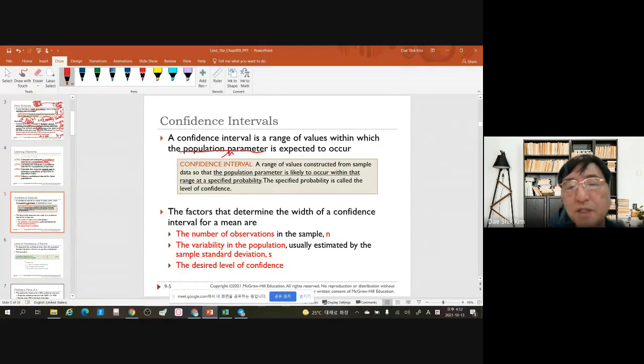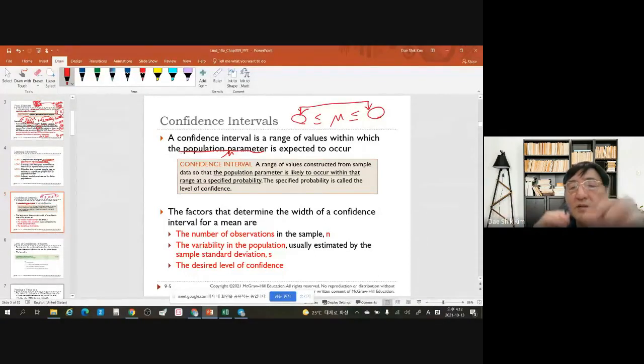It is a range of values constructed from sample data so that the population parameter mu is likely to occur within it. Mu could be within this range, not bigger or lower than it. We want to estimate this interval at a certain percentage of confidence level.